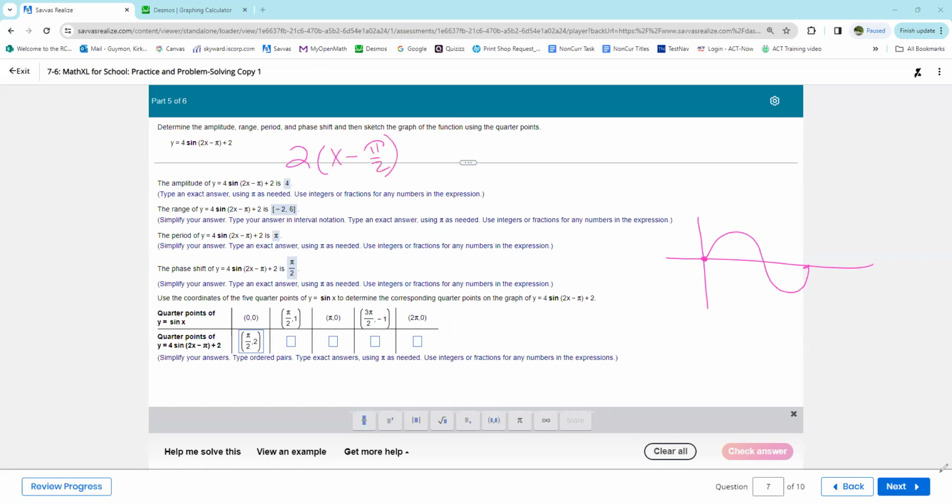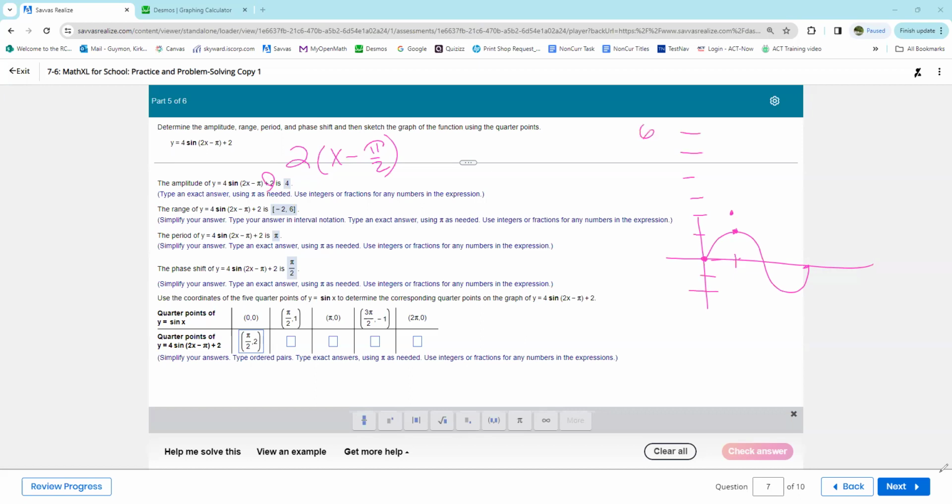So there's my pi over 2 to the right. So this is going to go pi over 2 to the right. That's pi over 2. And then it was going up 4. So it's vertically stretched by 4, which after we also moved it up this 2, up over here and up 2, I'm going to start from there, but then it's going to go as high as 6, we said.